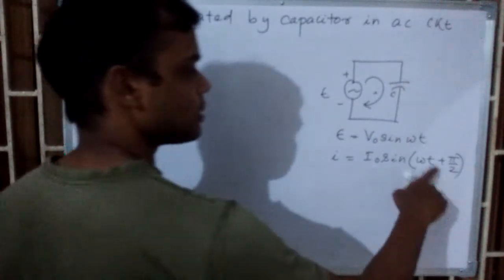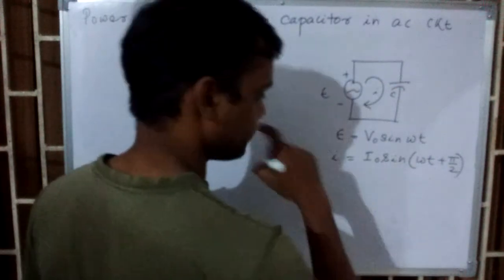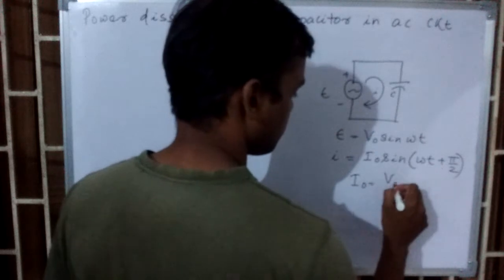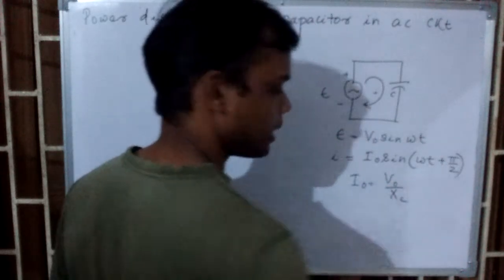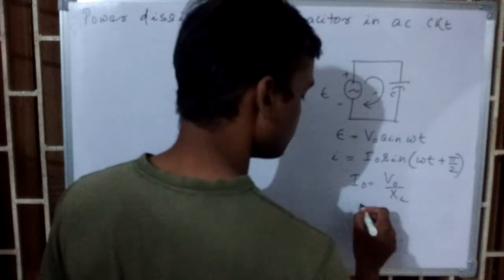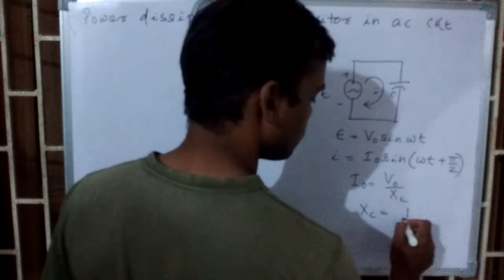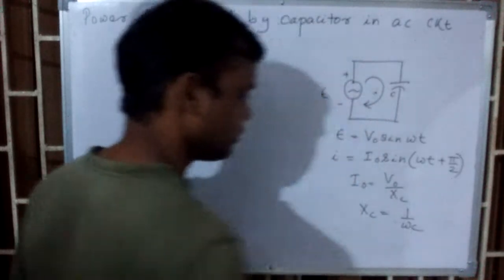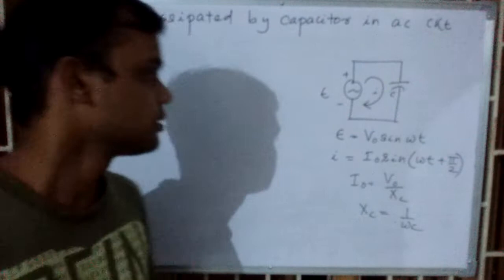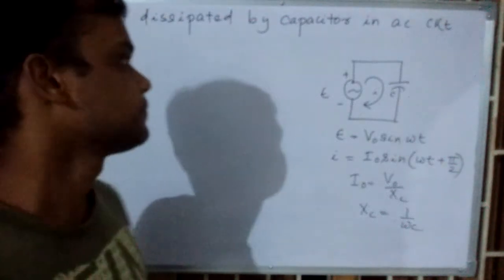That means current leads voltage by 90 degrees, where I naught was V naught by Xc, that is the capacitive reactance, where Xc is equal to 1 by omega c. It was a short recap of the topic covered in the previous class.